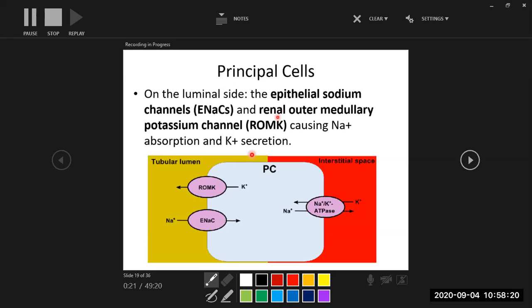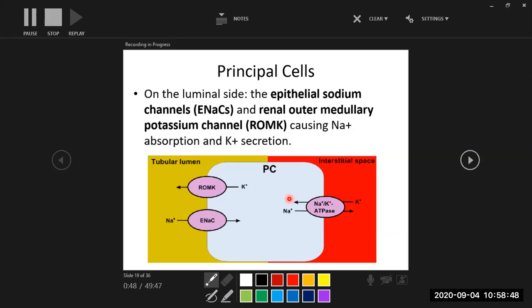As you can see here, we secrete potassium into the tubule, and we reabsorb sodium back to our body. On the basolateral side, we have the sodium-potassium ATPase. So basically, this is the function that runs in the principal cell.